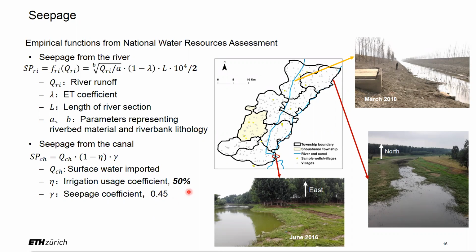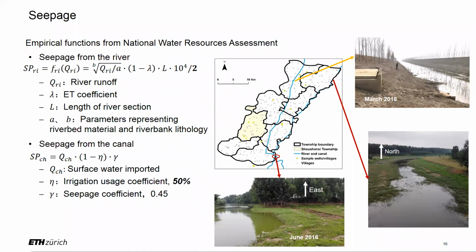Because the upstream also needs water to irrigate, the water imported to Guantao sometimes comes in the non-pumping irrigation season. So the usage coefficient is low, only 50%.